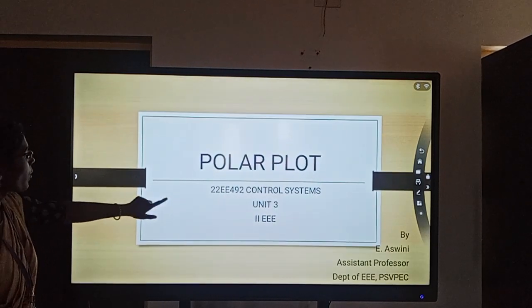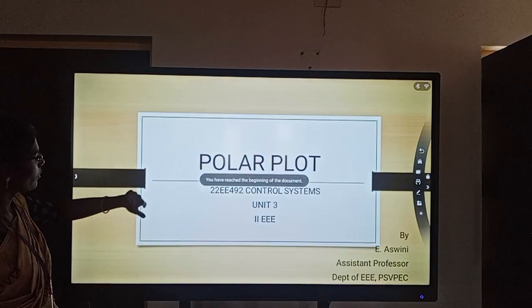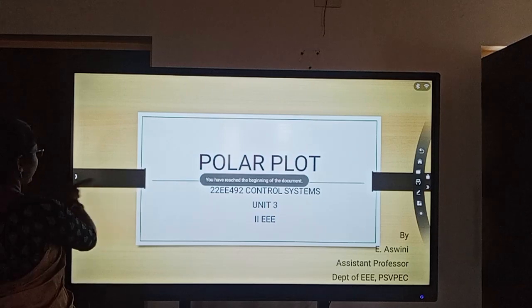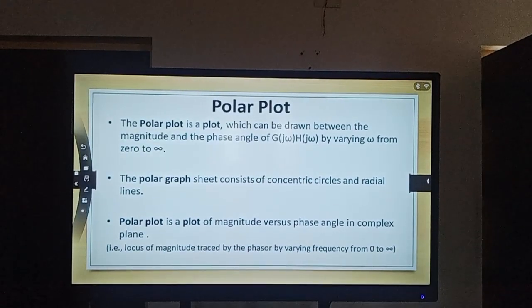First, the polar plot. Polar plot is what? We need to calculate, we are doing it in the form of frequency response. As in the Nyquist plot, here also magnitude as well as angle are calculated.